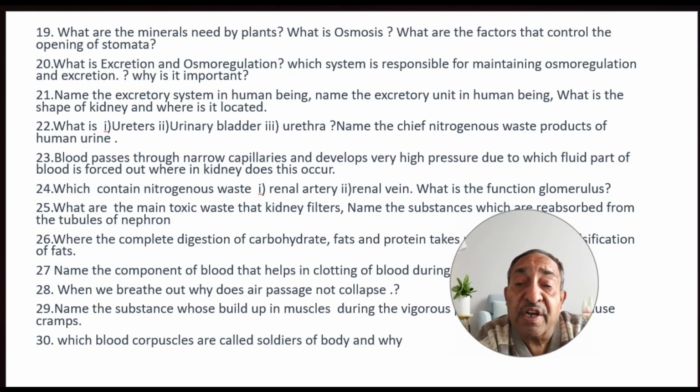First, renal artery, renal vein, and what is the function of glomerulus? What are the main toxic wastes that kidney filters? Name the substances which are reabsorbed from the tubules of nephron.